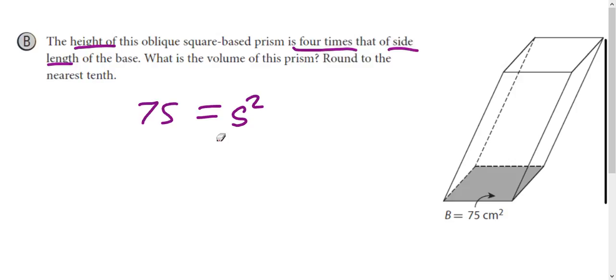So you take the square root to figure out what the side length is. The square root of 75 is 8.66. Around 8.7 if you want.